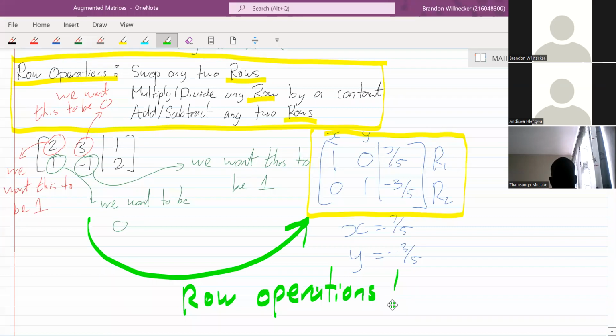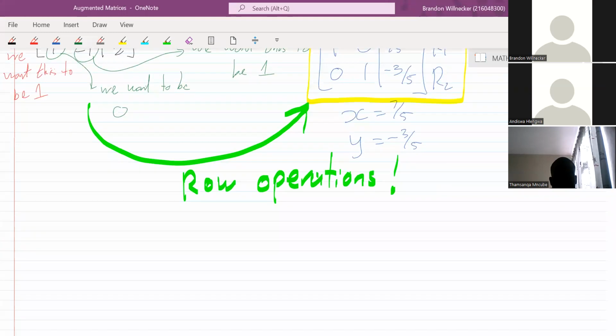Okay, so let's see what row operations we need to do. Okay, so let's start. So we have 2, 3, 1, minus 1 with 1 and 2. So remember, we need this 2 to be a 1. So what can we do? We can either divide the row by 2, that will make it a 1.